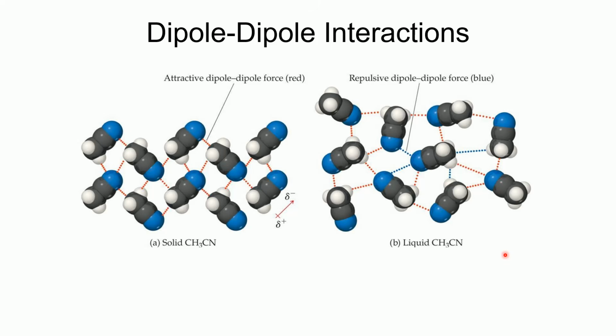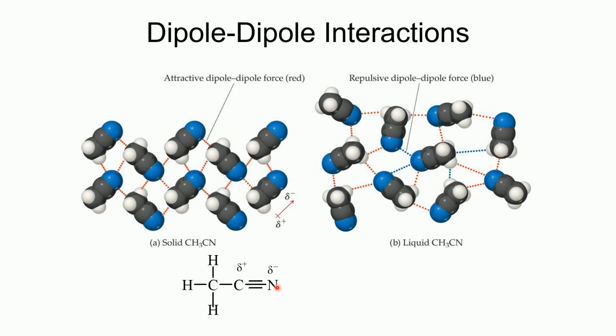All right, next we want to look at the second type of intermolecular force, which is called dipole-dipole interactions. Dipole-dipole interactions are the interactions that molecules have because of permanent dipoles. If we look at acetonitrile, it has a polar bond between carbon and nitrogen.